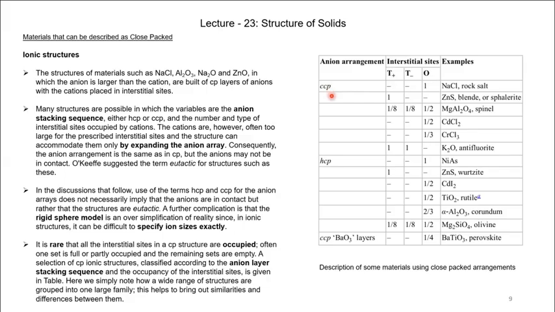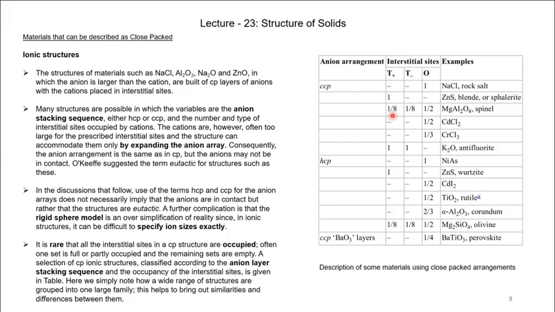Similarly, if we have sulfide as the anion, having a cubic close packing arrangement, and only T plus interstitial sites are filled up, then we describe this as the zinc sulfide, zinc blende, or sphalerite structure.